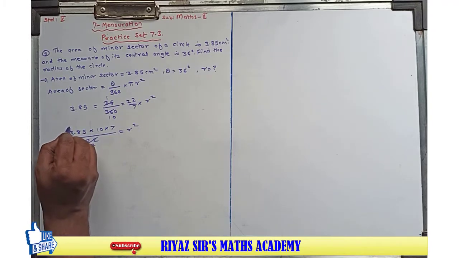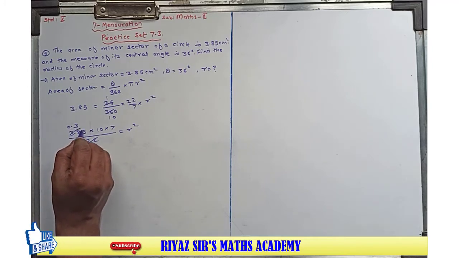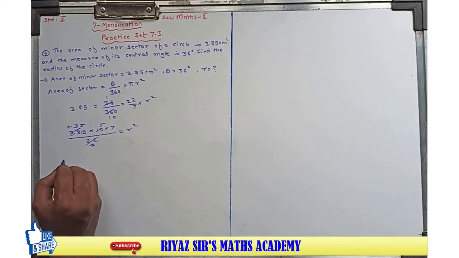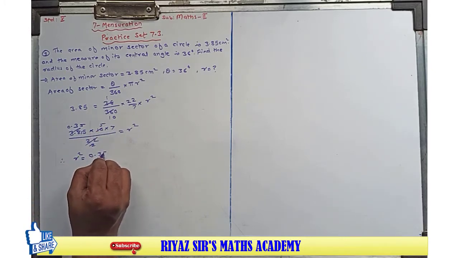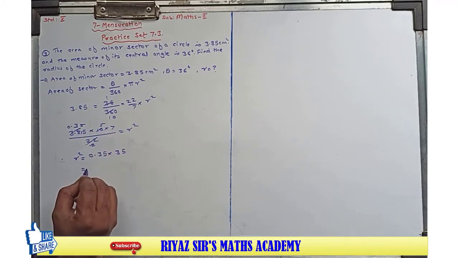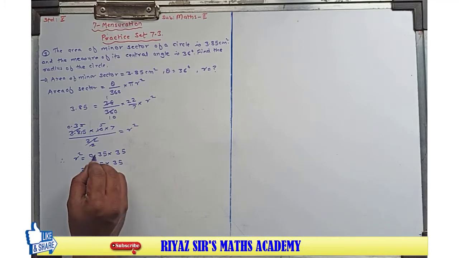Now here 0.11 3s are 33, 5 left, 11 5s are 55, then 2 1s are 2, 5s are 35, so you will get r square is equal to 0.35 into 7 5s are 35, that is equal to 35 into 35.